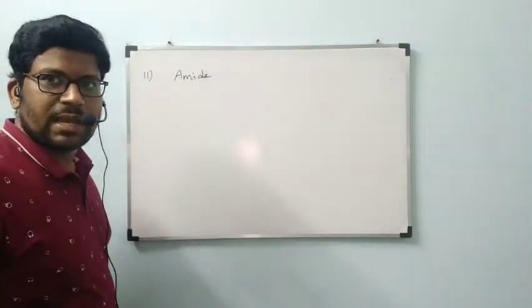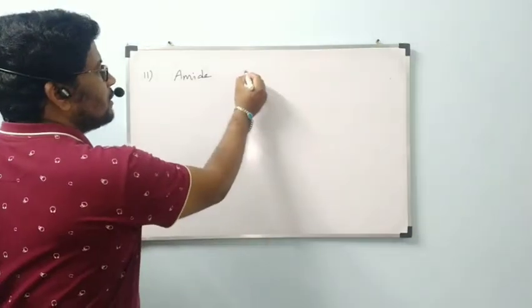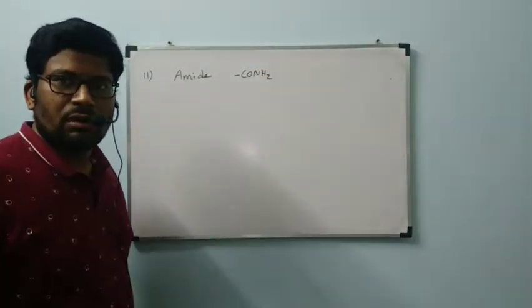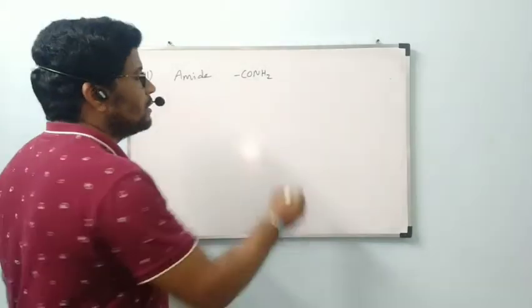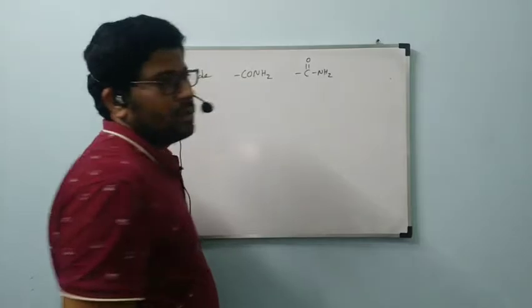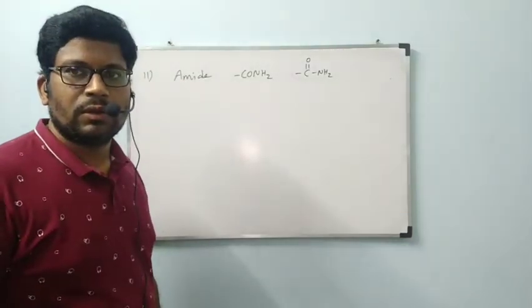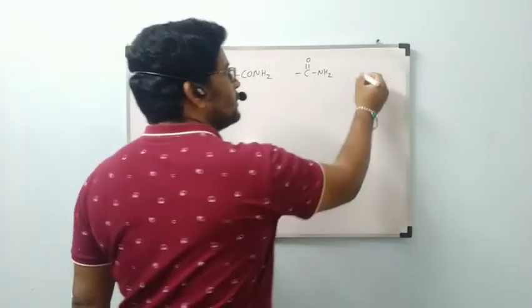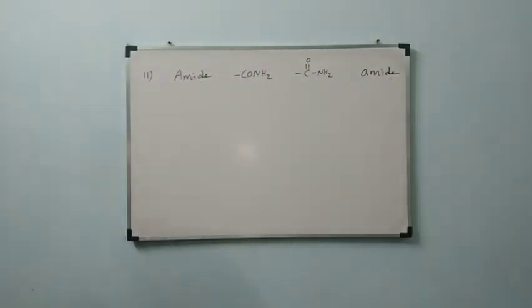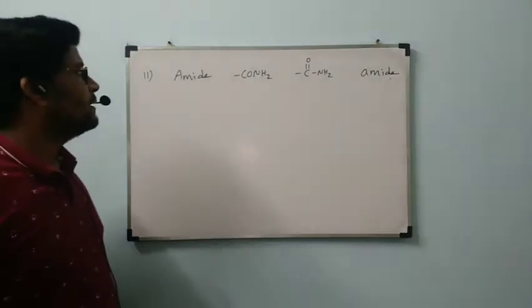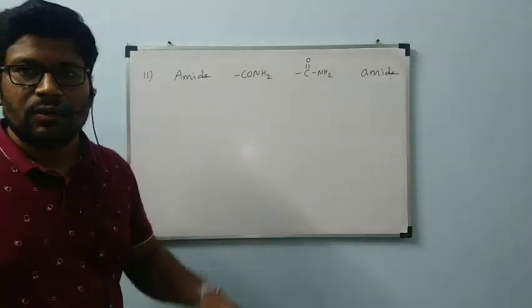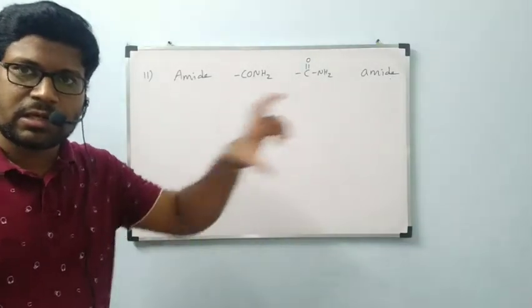Formula CONH2. Structure C double bond O NH2. Secondary suffix amide only. Note down this one in the functional group table column.